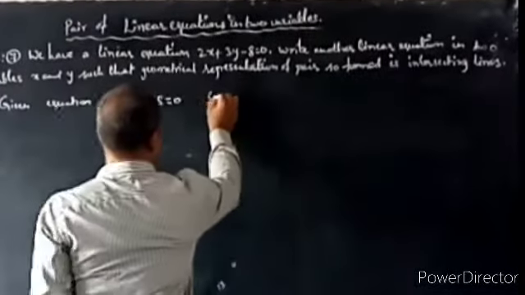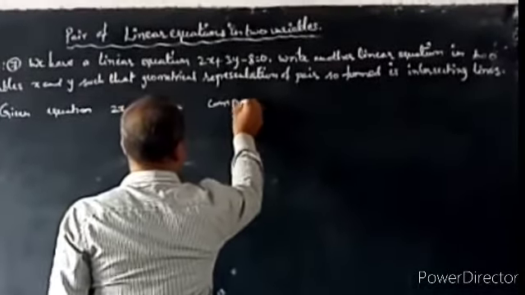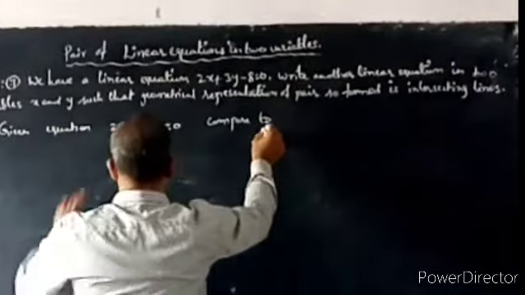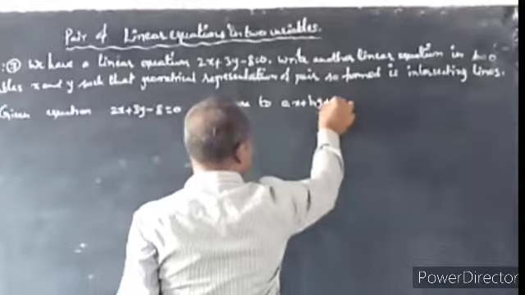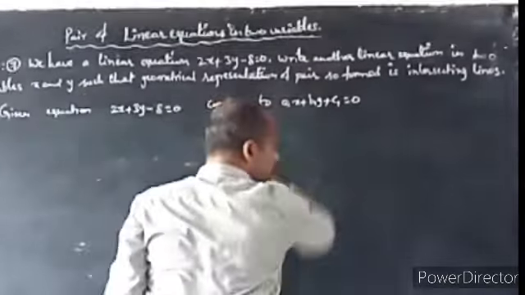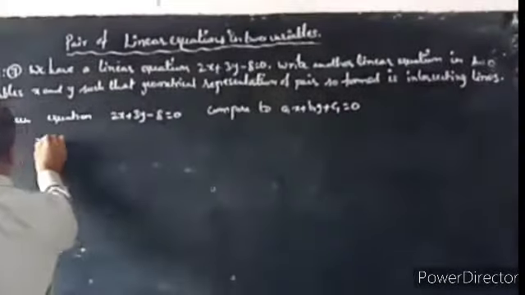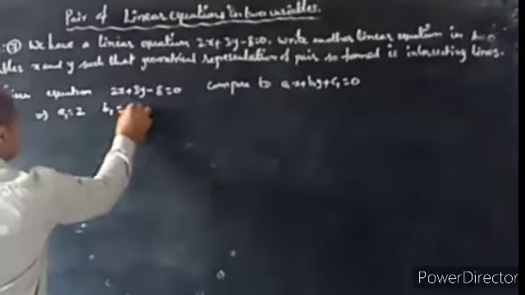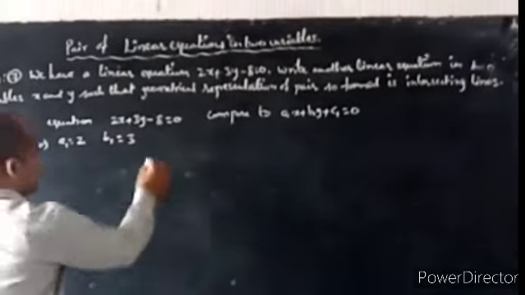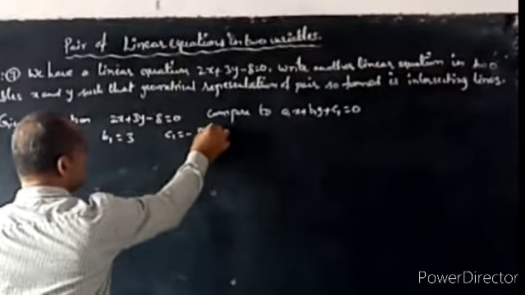Compared to a1x plus b1y plus c1 equals 0, this implies a1 is 2, b1 equals 3 and c1 is minus 8.